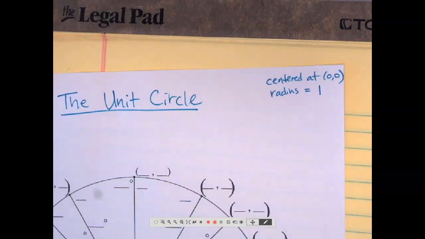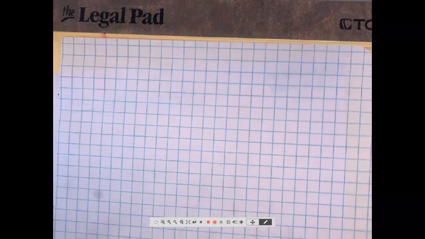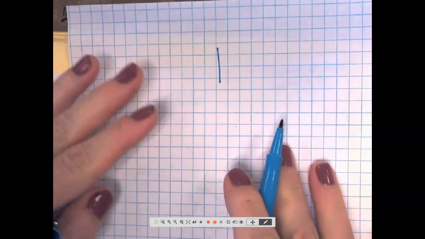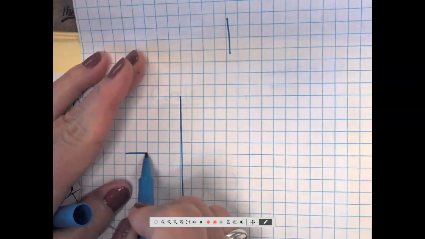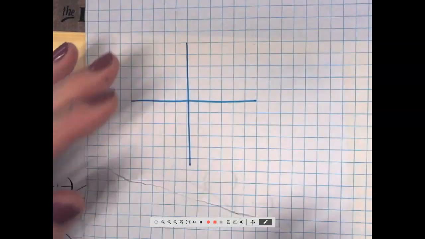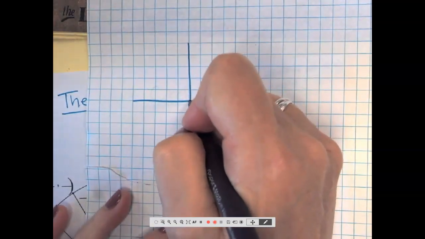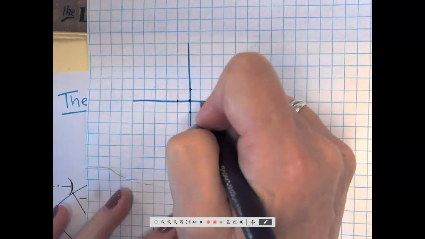Okay, here is a piece of graph paper. Let's start over. Y-axis, x-axis, and I have a circle that is centered here, and it has a radius of 1.